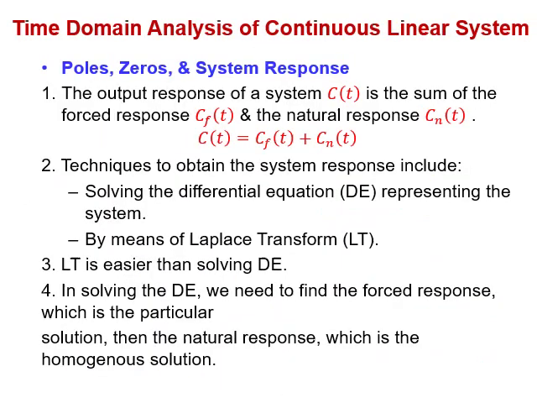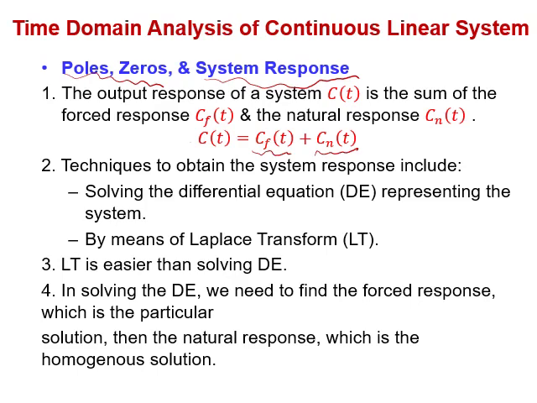Time domain analysis of continuous linear systems, or what is known as transient analysis. Let us start by studying the poles and zeros and the system response. System response is evaluated as a result of forced response and natural response, where the forced response is what is given by the input of the system, and the natural response is the system by itself, meaning the transfer function of the system by itself.